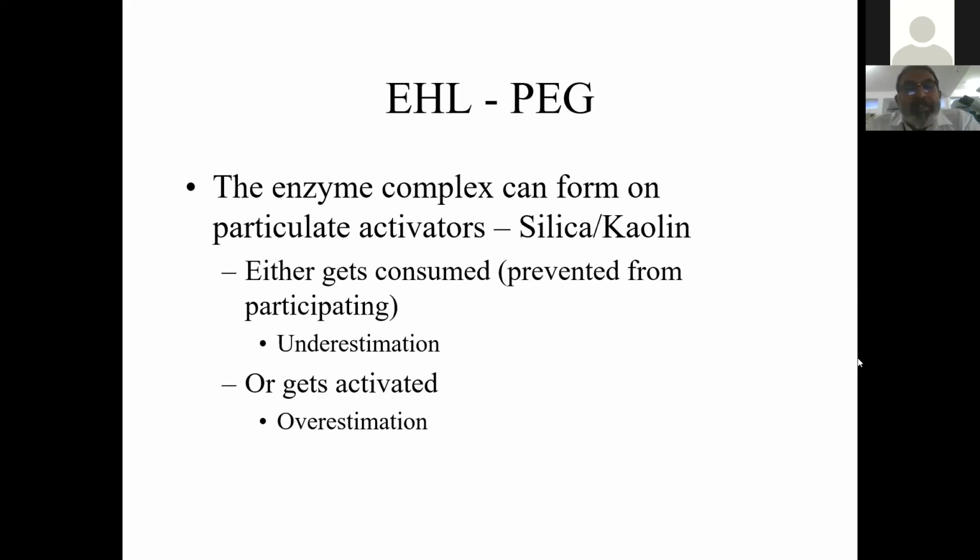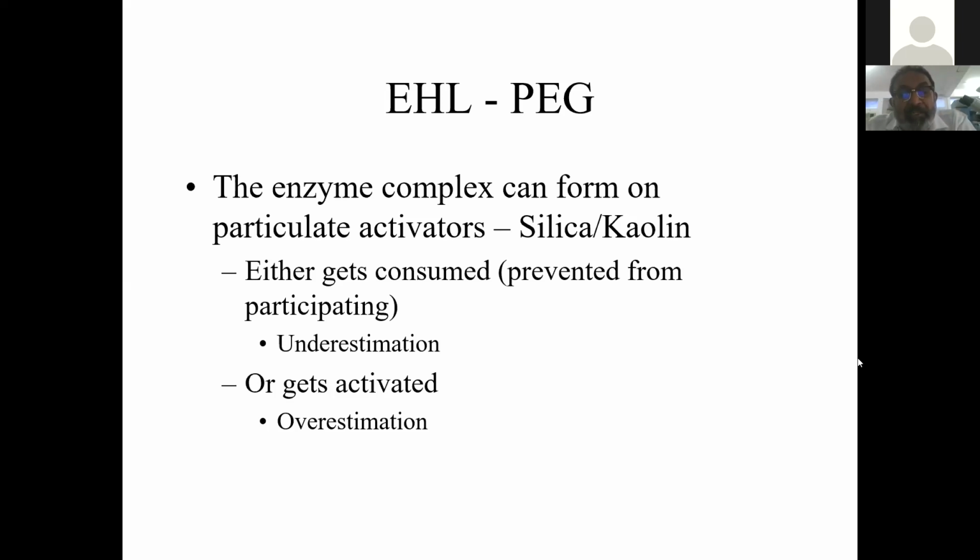It was discovered that because of pegylation, sometimes the enzyme complex can form on particulate activators, especially silica and kaolin. Now, because these enzyme complexes are forming, not the enzyme complex itself, but the complex with factor 8, complex with factor 9, complex with factor 10, or it can have an entire enzyme complex on the surface of the particulate activator.